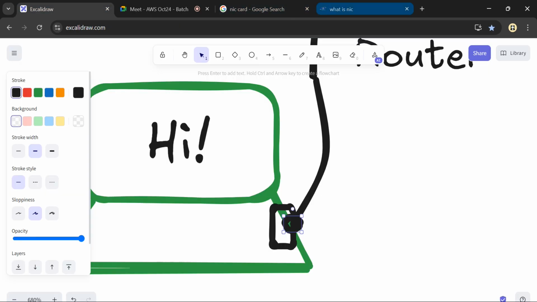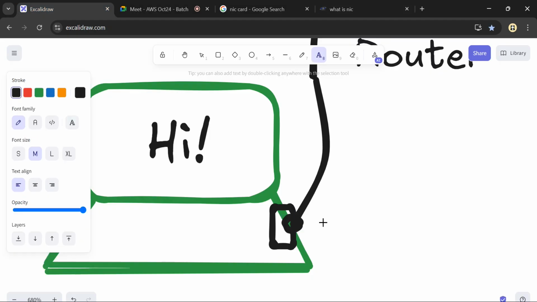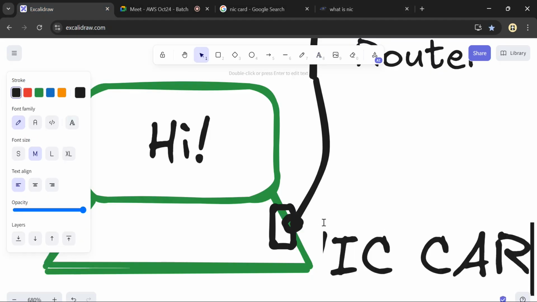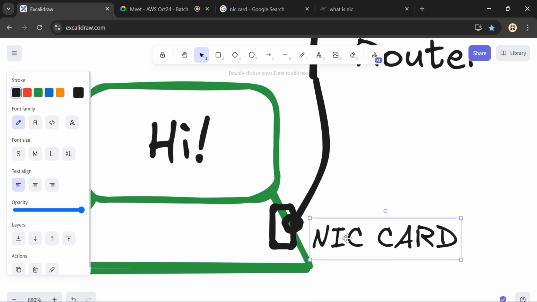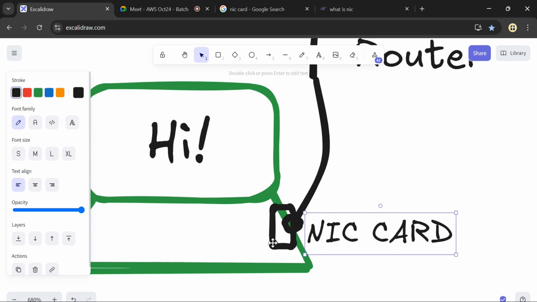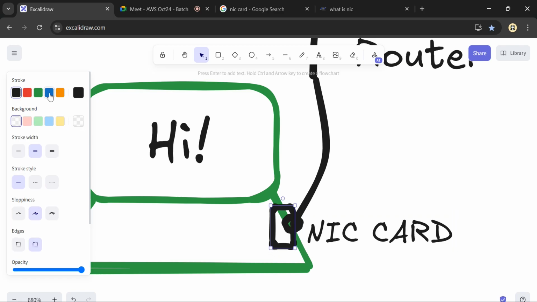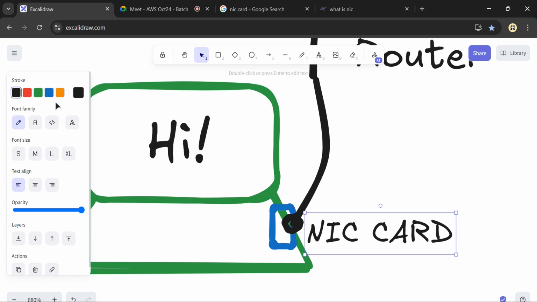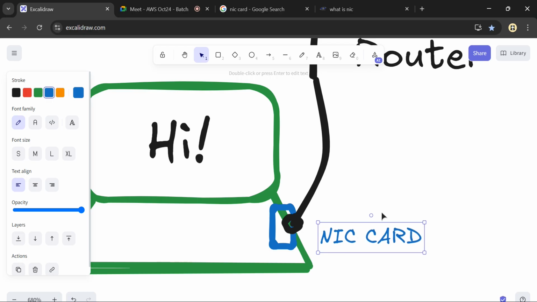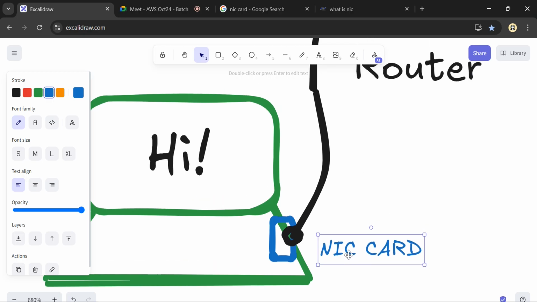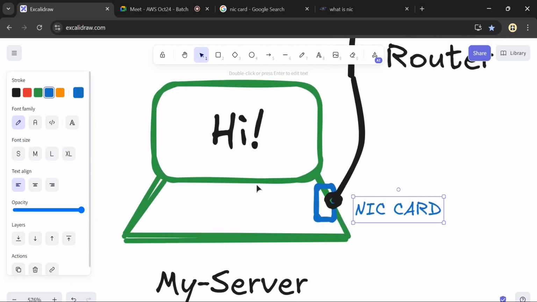So this NIC card that you can see over here is one of the important components of networking. Okay, so let me color this as blue. This blue colored part is the NIC card, and this card is responsible to give the networking to my laptop.